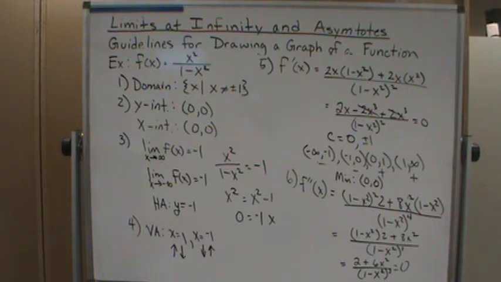Okay, but we do have the restricted values, plus or minus 1. So we can determine the concavity, we'll have to divide the interval into 3 smaller intervals based on the asymptotes. Okay, because it is undefined at those 2.